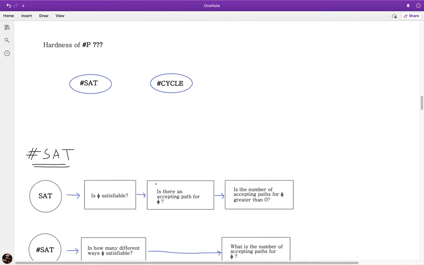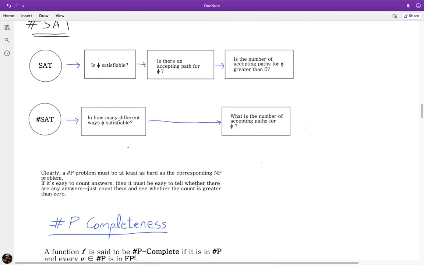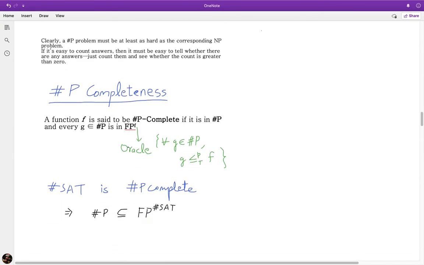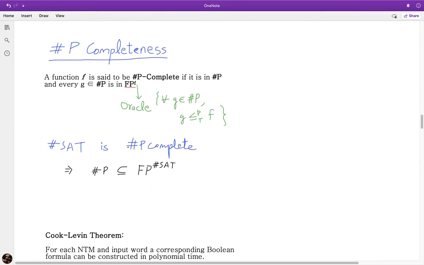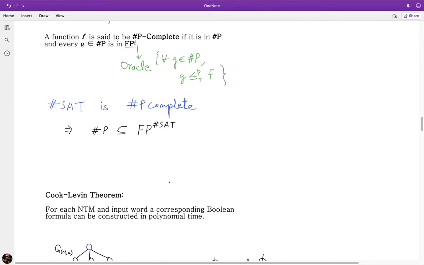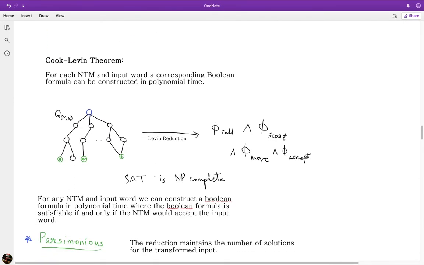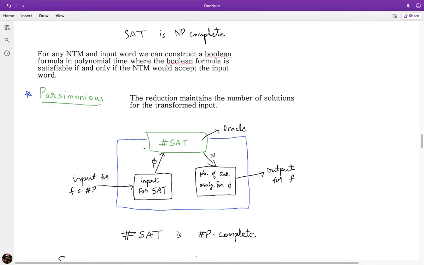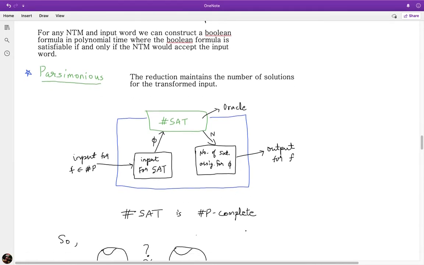Then we tried to define the hardness of hash P. To do that, we looked at two problems which are Hashsat and Hashcycle, and we showed that Hashsat is a hash P complete problem using the Cook-Levin theorem.